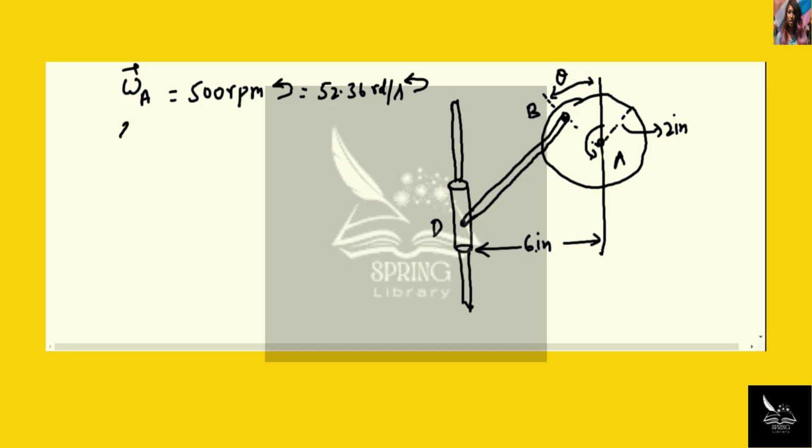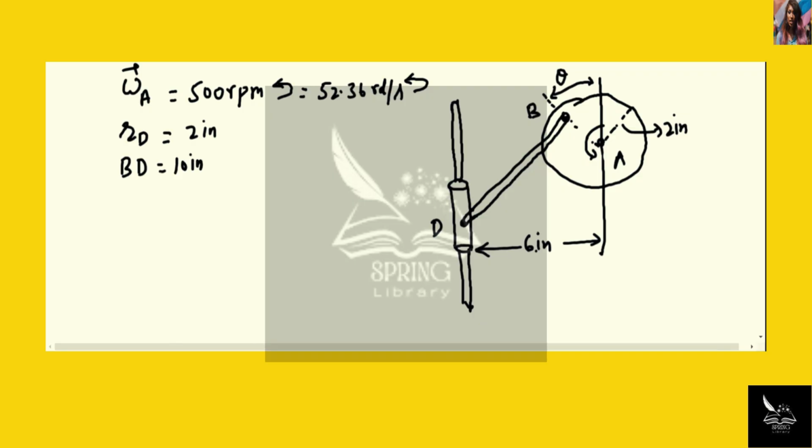The radius of the disk is given as 2 inch. BD has a length of 10 inch.